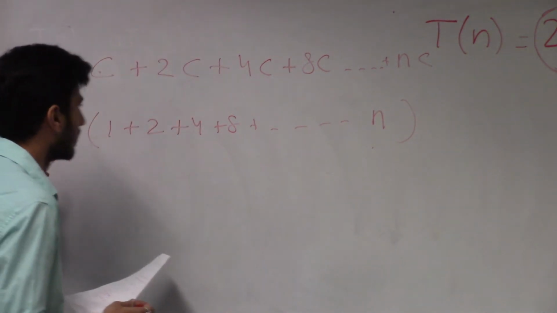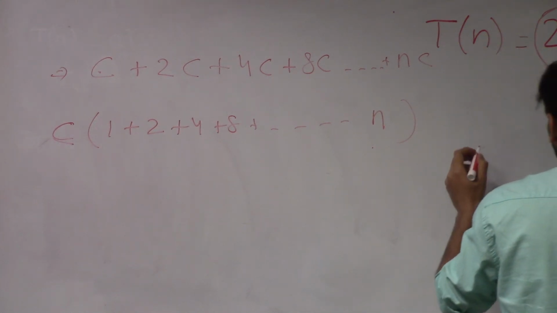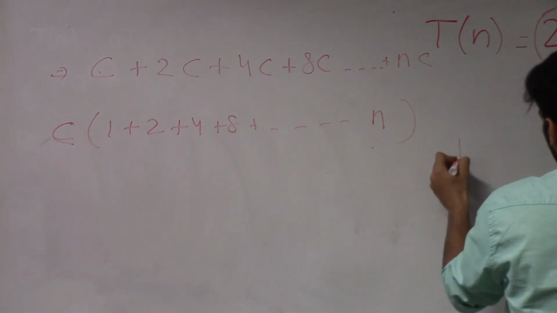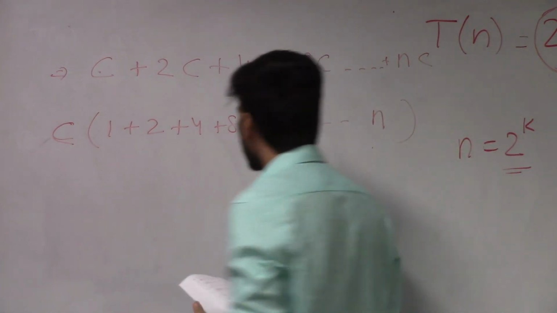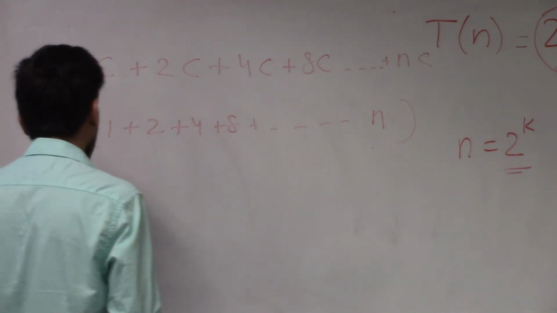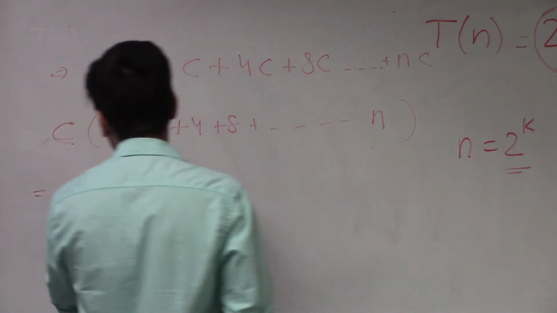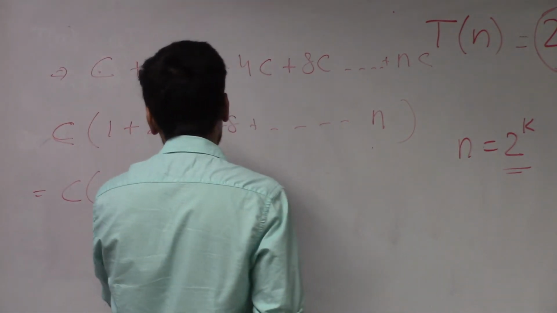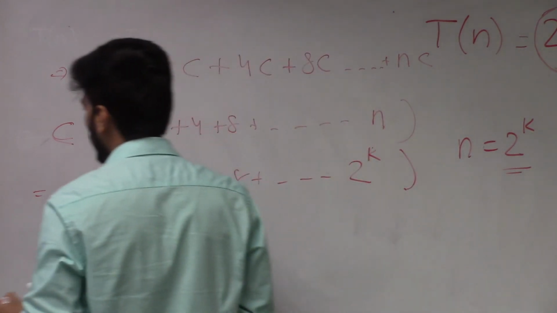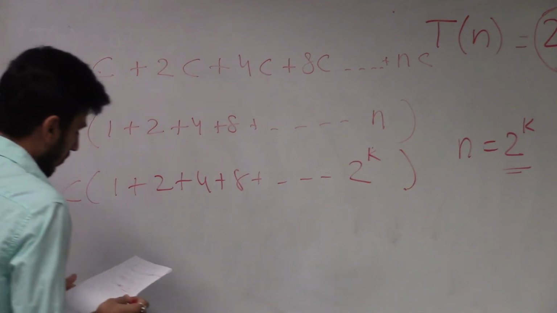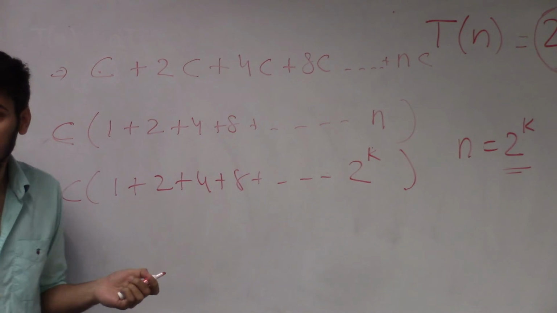If we want to solve it easily, we can say that n equals 2^k. So I am putting here 1 plus 2 plus 4 plus 8 and so on up to 2^k. This is a geometric progression, right?